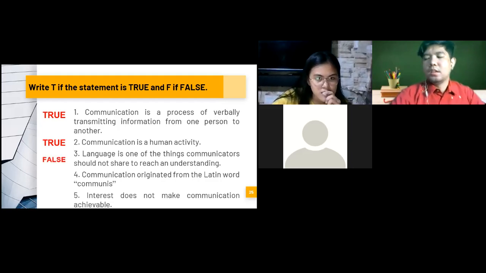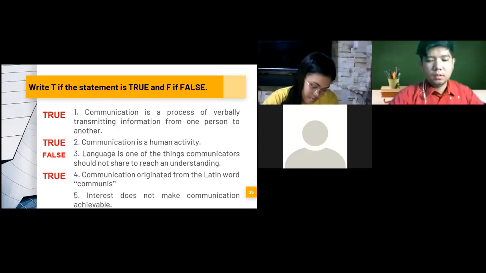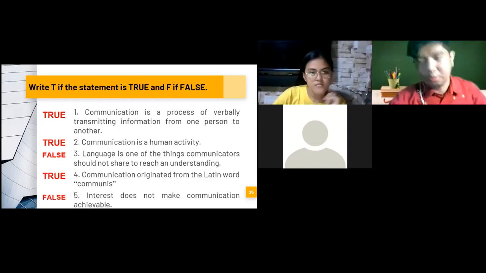False. The answer is false. For the fourth one, Ms. Dolom. Communication originated from the Latin word communis. True. The answer is true. Last one, Ms. Berdin. Interest does not make communication achievable. False. Very good, false.